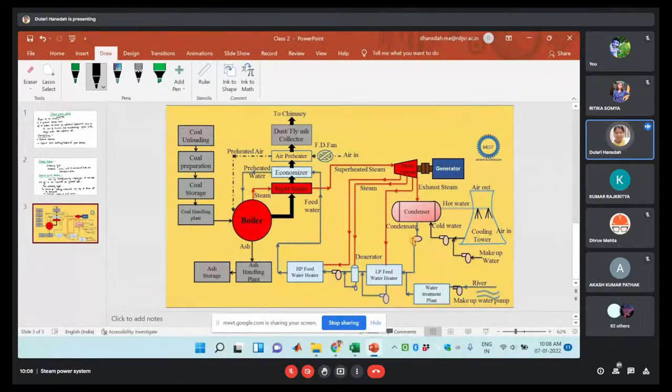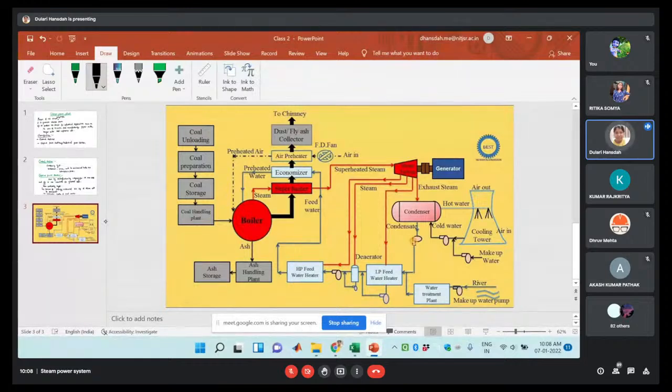The deaerator is present. What is the function of the deaerator here? Deaerator means it will remove the dissolved gases from the feed water going to the boiler. Deaeration will protect the steam system from corrosive gases.